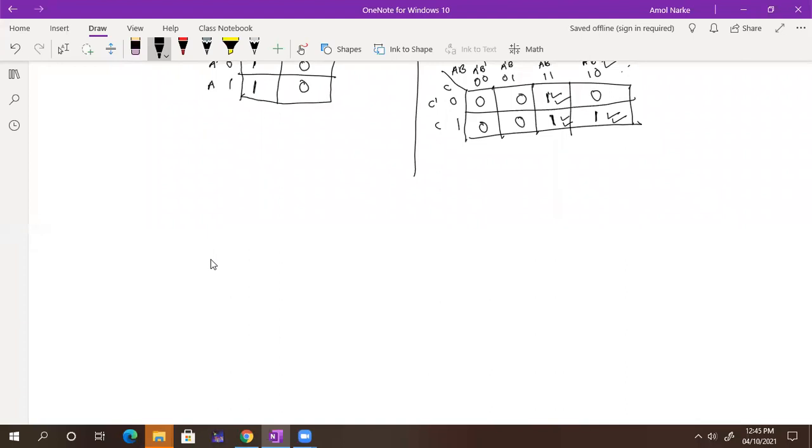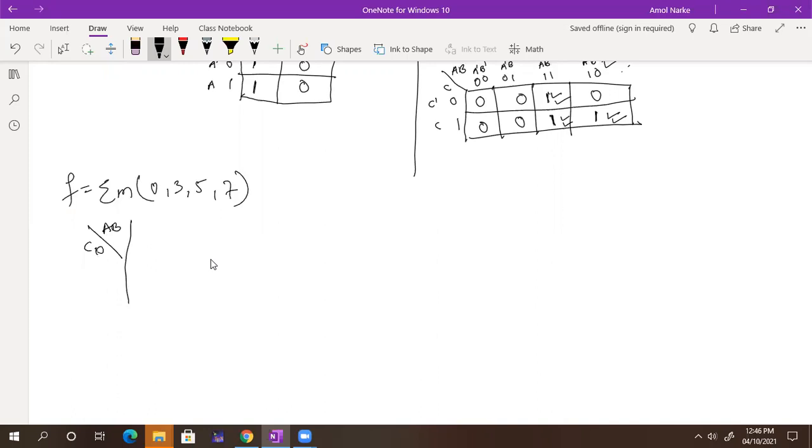So here what we have, f is equal to summation of minterms which contains 0, 3, 5 and 7. Tell me where 1 comes, where 0 comes, everything. Here we have AB, here we have CD. 4 bit, no? ABCD.